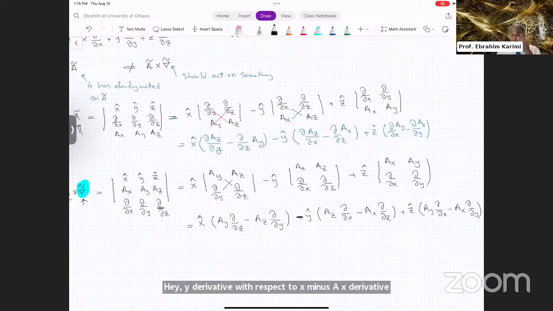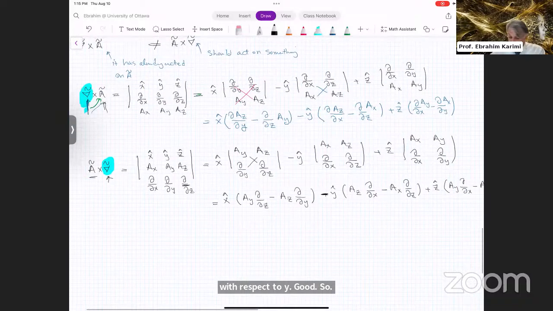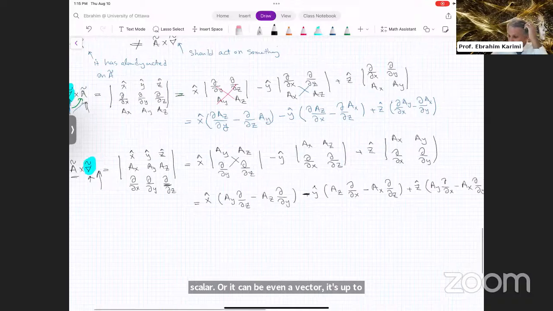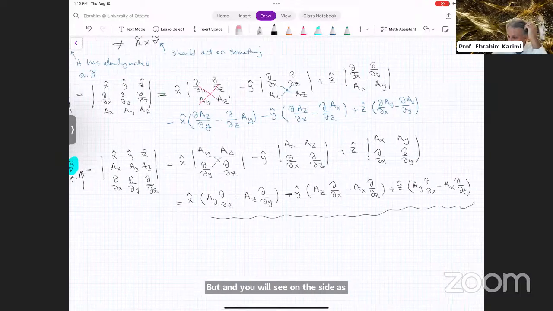Good. So remember, a is ready to act on a function. This function can be scalar or can be even a vector. It's up to you. And you will see on this side as well, the result is again an operator, but a vector operator already.